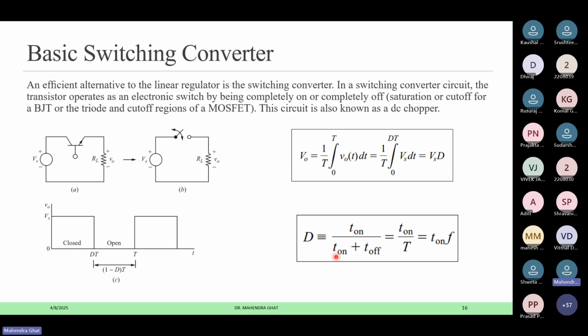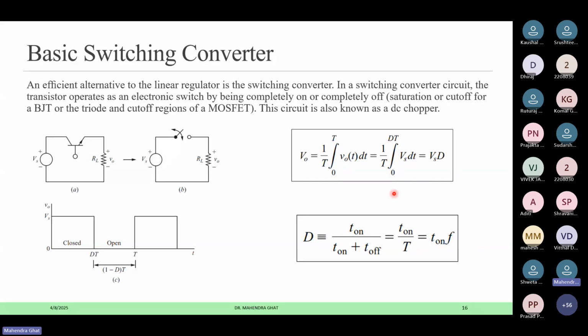Complete time is nothing but T on plus T off, or you can say T, so D is equal to T on by T. And 1 by T is nothing but F, the frequency, so D is T on into F. And we want to change this D, so we can change it either by changing the T on time, or the frequency, or both.